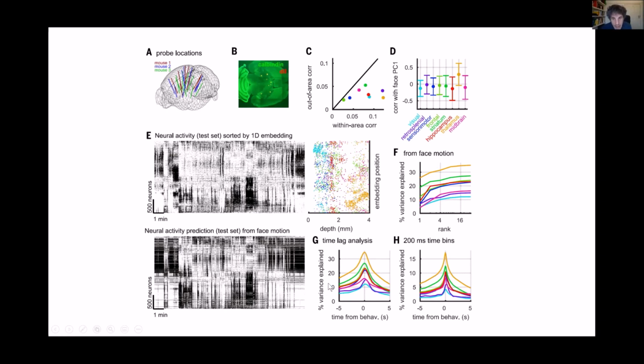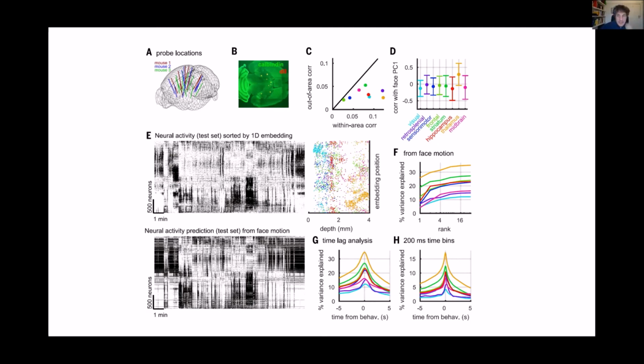And if we do an analysis of the time scale, you can see that it's over an order of a second or so, less than a second, maybe 200 milliseconds when we use this fine timescale analysis, that the correlation with the face is happening at a sub-second scale.